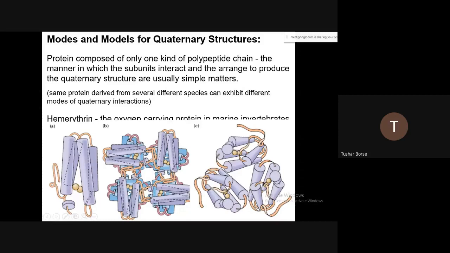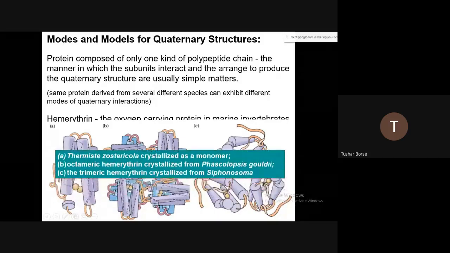Now here in this case, you can see that there are 3 subunits which are attached to each other, and you get the function. The function remains the same. The only thing is that it can have variation in its number of subunits, and based on that you can now imagine that that much amount of oxygen can be captured or made available to that particular organism.